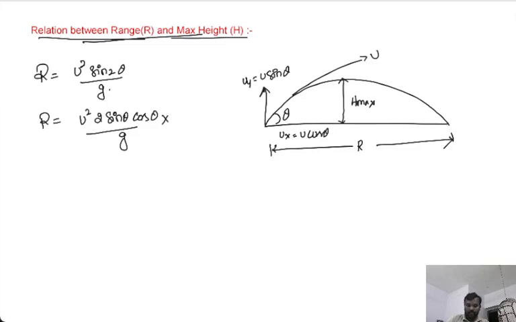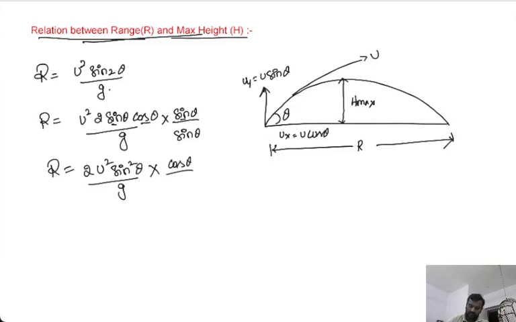Now I multiply and divide with sine theta. Again if you cancel sine theta, the same range formula comes. Now this equation is written R is equal to u square sine square theta into 2, then divided by g into the remaining term, cos theta divided by sine theta.